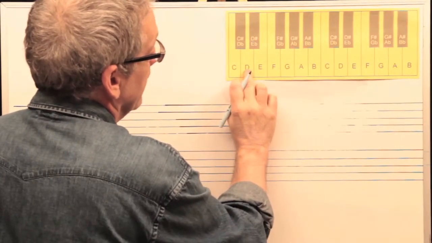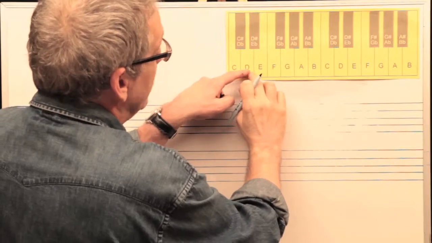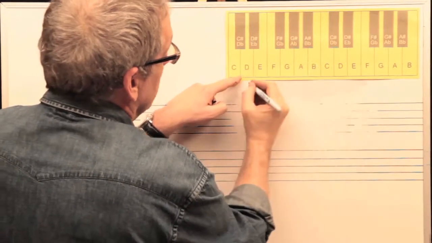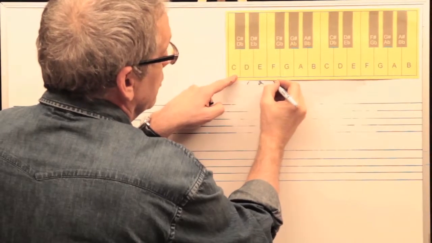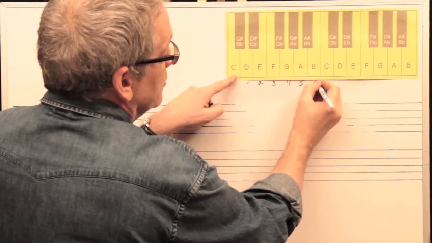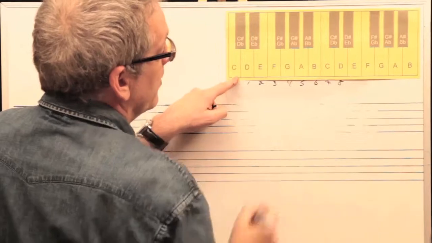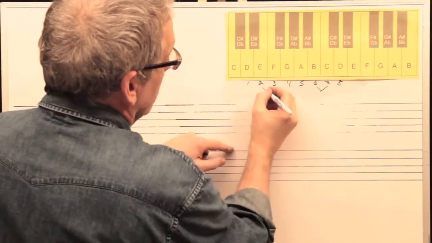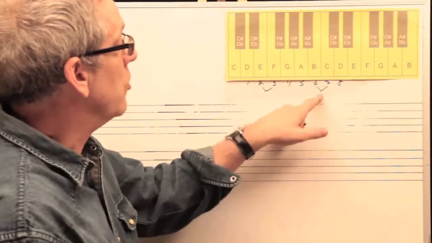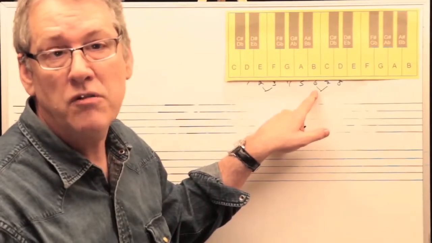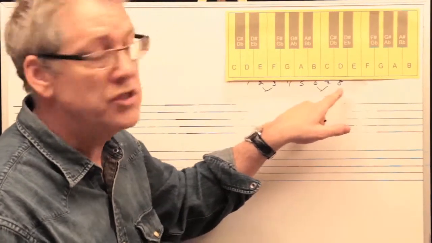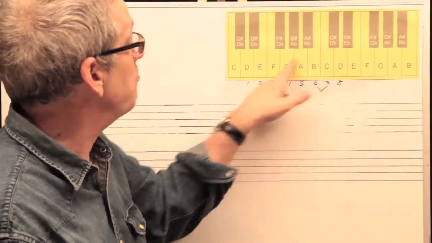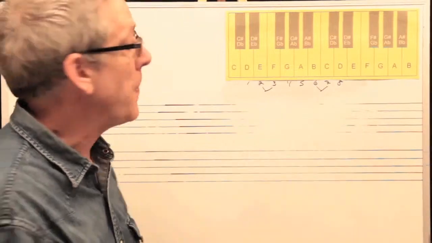If you just follow the white notes to the next D, here's Dorian, and where are the half steps falling? Right here and right here. Dorian is like minor a lot, with the half steps between 6 and 7 and 2 and 3. It's a minor mode, okay?